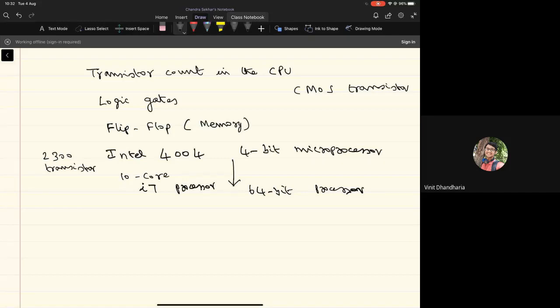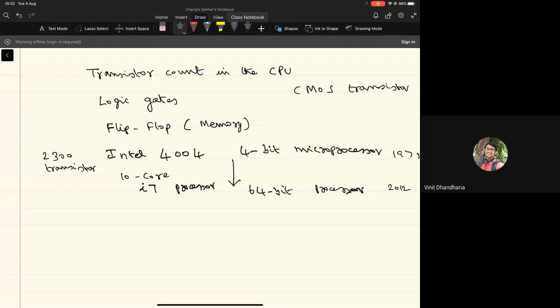If you look at this 10 core i7 processor, which was introduced in 2012, whereas this 4004 processor was introduced in 1971, right? This i7 processor with 10 cores was introduced in 2012, right?